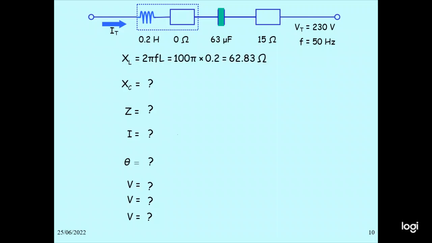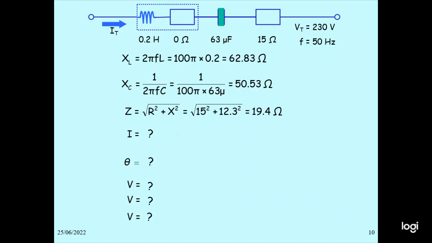Then you get 100 pi multiplied by 0.2, you get 62.83 ohm. XC equals 1 by 2 pi fC, so 1 by 100 pi multiplied by 63 microfarad, so 50.5 ohm. Z has to be calculated. Z is the square root of R squared plus X squared, so the square root of 15 squared plus 12.3 squared, so you get 19.4.